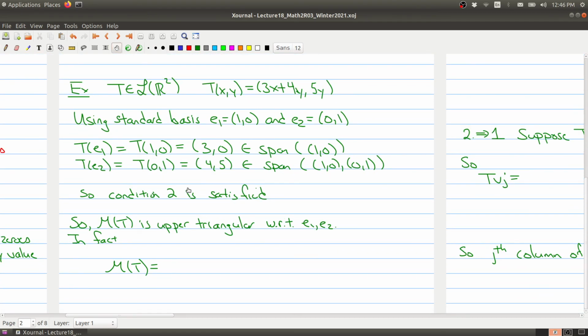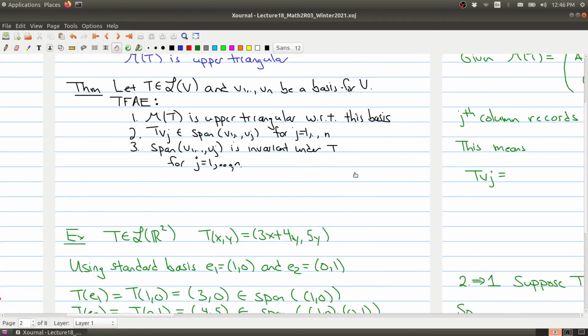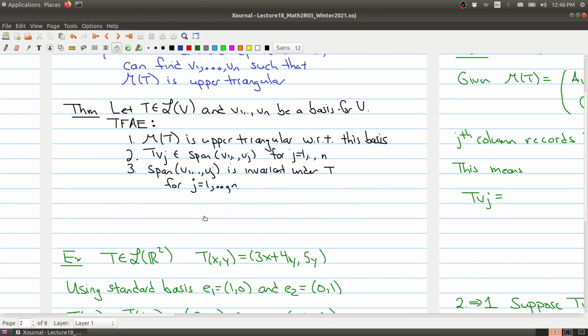In fact, it's easy to see what the matrix is in this case. It's going to be 3, 0, 4, and 5, which is upper triangular. Hopefully this example helps, and in the next part we're going to come back and prove this theorem. I will see you in the next part.